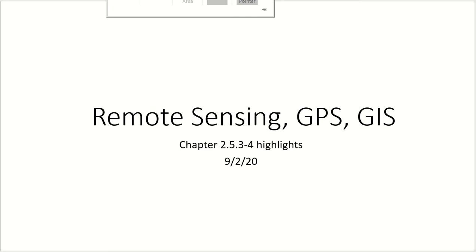Here, I'm going to follow up on my discussion of spectral characteristics of materials. I talked about vegetation before. Today, I'm going to talk about soils and water, and how those materials reflect or not, how they interact with incoming sunlight.